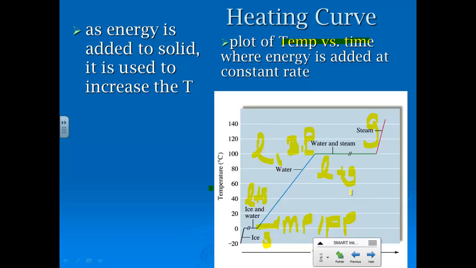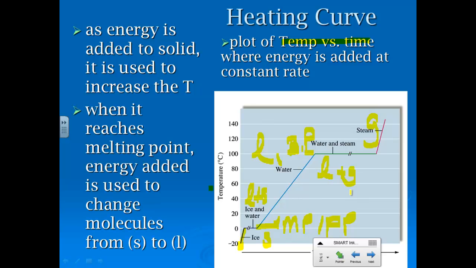If we think about starting over here, as energy is added to the solid, it's used to increase the temperature of that solid until it reaches the melting point. When it reaches the melting point, the energy added is all used to change the molecules from a solid to a liquid, so the temperature doesn't change while it's melting. It would stay right at 0 degrees Celsius.